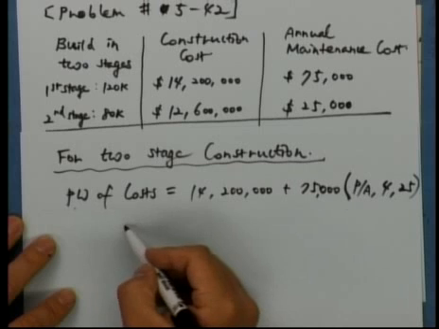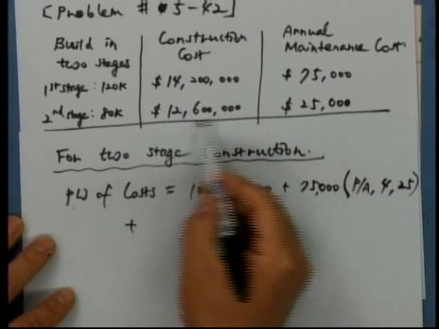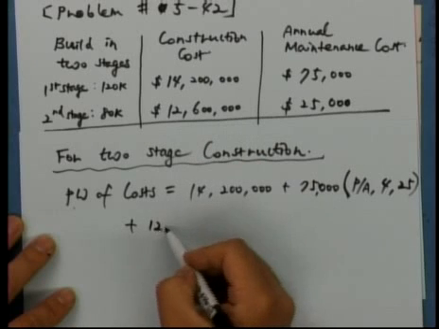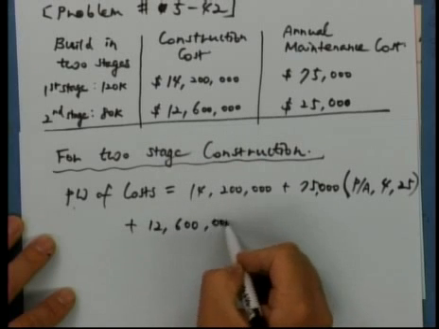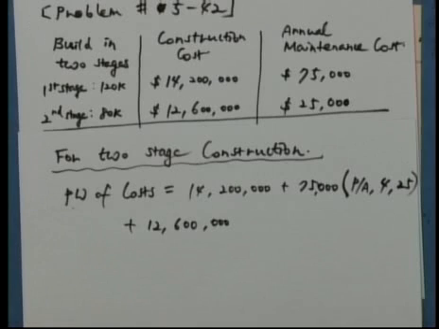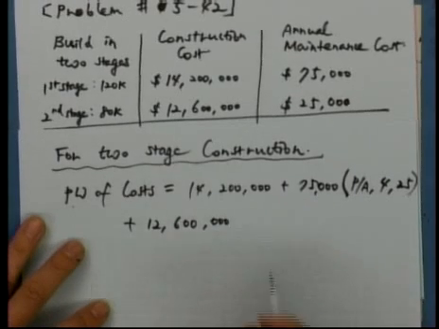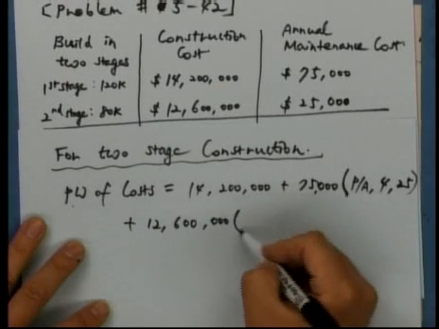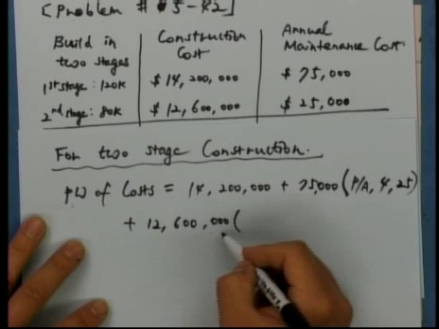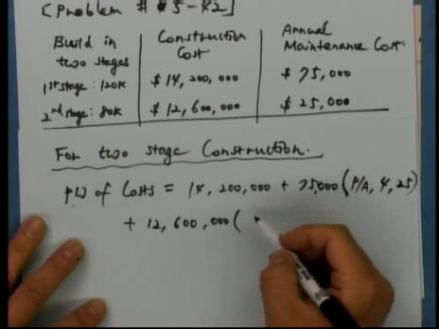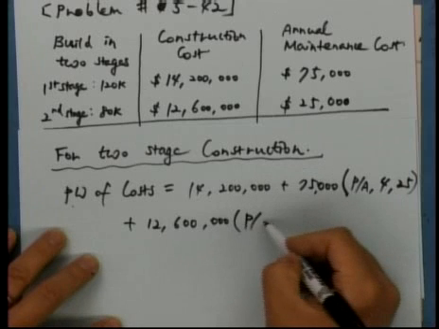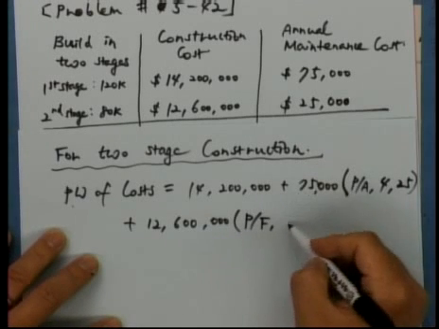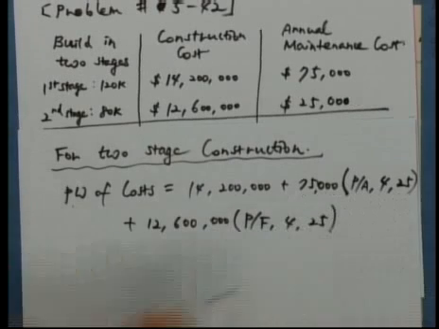And then also you need to add additional construction cost, which is $12,600,000. And this future sum of money will be converted to the equivalent present sum of money. So got to be multiplied by P given F, 4% over 25 years.